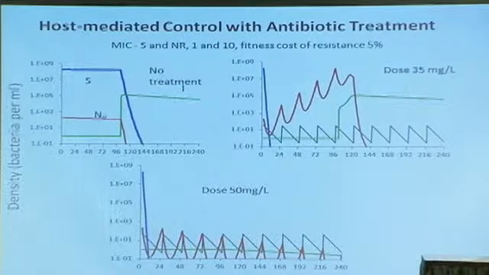So this is what it would look like if we have host-mediated control of antibiotic treatment with an immune system. In the absence of treatment, the immune system kicks in and the sensitive cells are cleared. Obviously, that must be what's happening most of the time, and when we're not treated, we're cured.